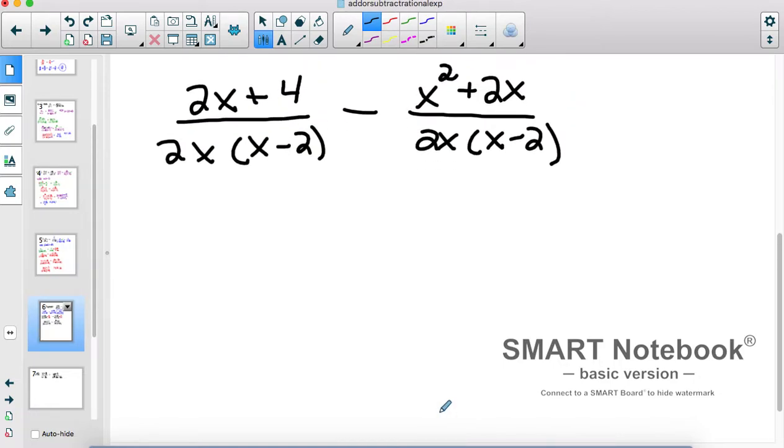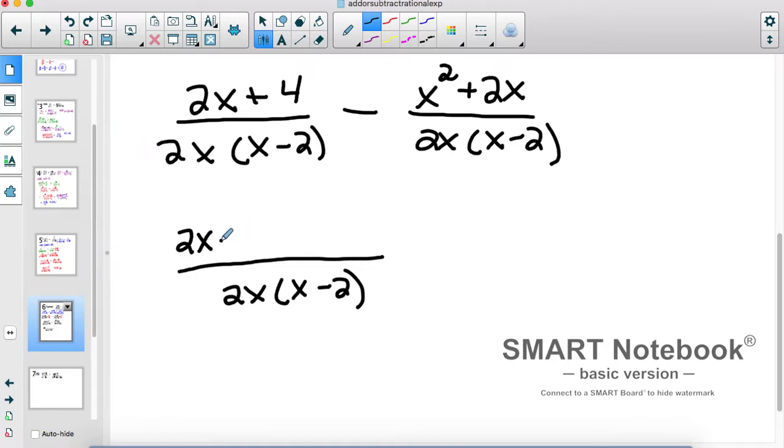Now they both have the same LCD. So now I'm going to combine them under the same LCD, which is 2x times x minus 2. Now, we need to be careful. I'm going to list my first terms, 2x plus 4. Now you see this minus? It's saying minus this whole quantity.